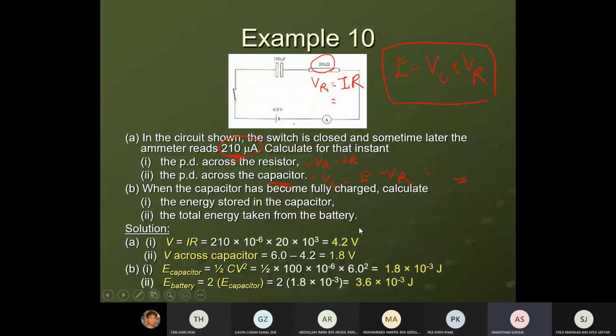What is the total energy taken from the battery? Definitely 2 times the energy stored in the capacitor. Just times 2, and you get the energy released by the battery, exactly 2 times greater. Okay. Any part you don't understand here? Okay, good. Hope everyone can understand the concept.